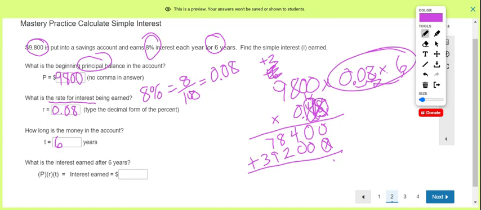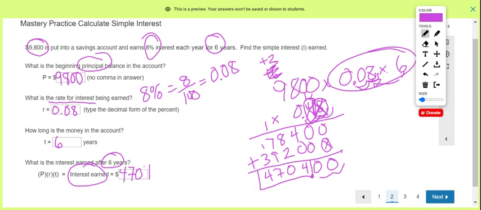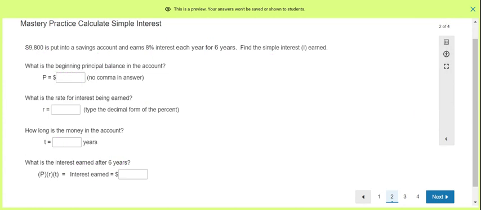Now we have a 0, so we add up our 2 lines down below. Do not forget your decimal place value. There were 2 decimal place values up above, so we go down here and move it over 2. And so we end up with an earned interest. The interest after 6 years is going to be $4,704.